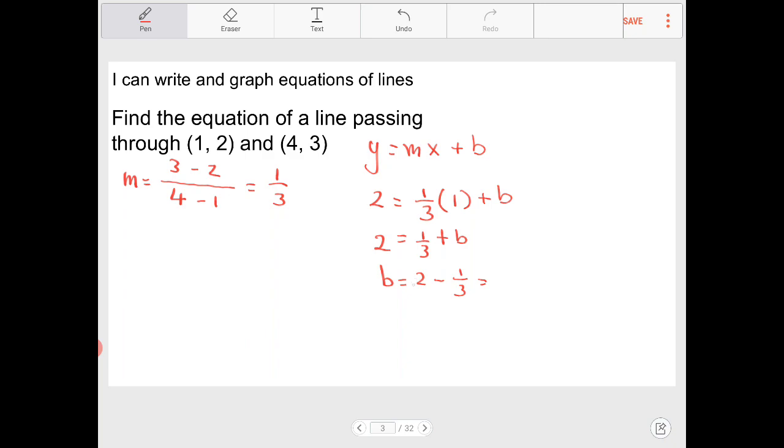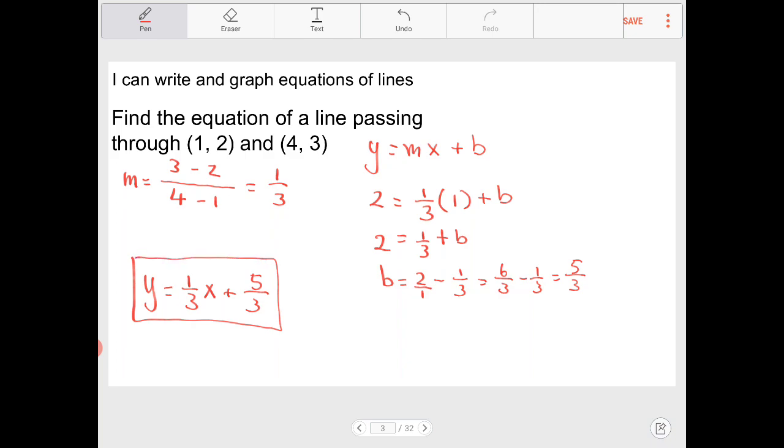Right now, the denominator of 2 is 1, so I want to multiply that by 3 over 3 to get 6 over 3. So really, this is going to be 5/3. So the y-intercept here is 5/3. So finally, the equation is y equals 1/3 x plus 5/3. And that's all it is.